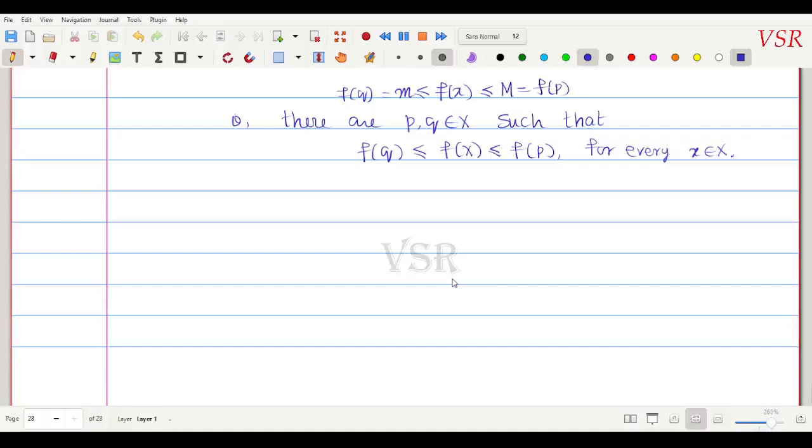Okay, now let us get into the next theorem. So theorem 4.17 is this. It is nothing much. So let X, Y be two metric spaces.